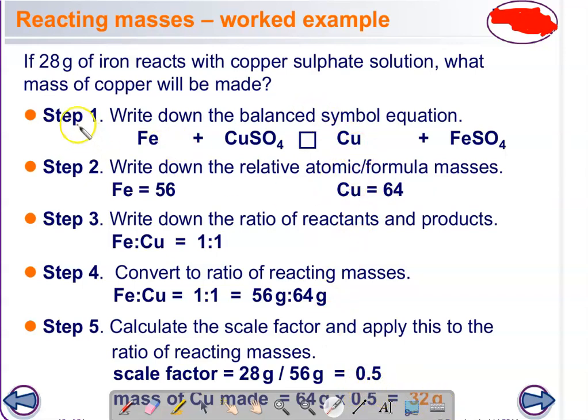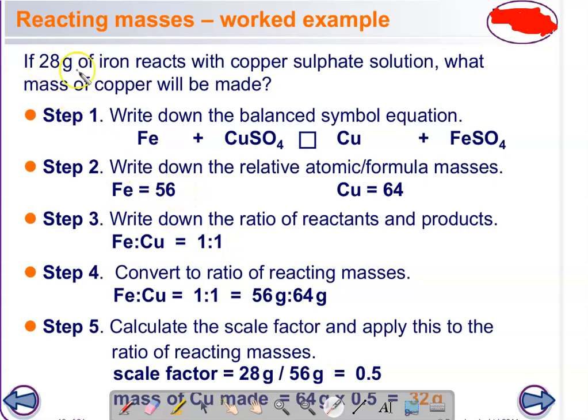Now the steps again. Write down the balanced symbol equation. You then go ahead and write down the relative atomic masses. Look at the ratio, 1:1, write that down. Then write the reacting masses down as a ratio, and then calculate the number of moles of the iron, which we know is mass over molar mass, and the molar mass of iron is 56.